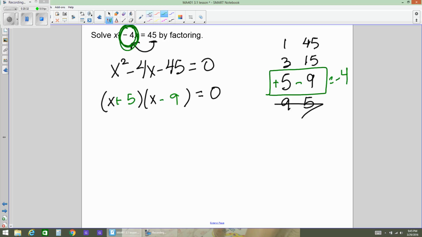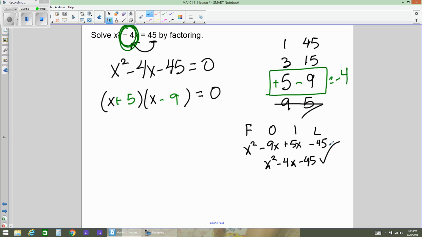Now we can check that using foiling if you want. Foil. First is x squared. The outers are negative 9x. The inners are 5x plus 5x. And the last is negative 45. So x squared minus 4x minus 45, it checks.